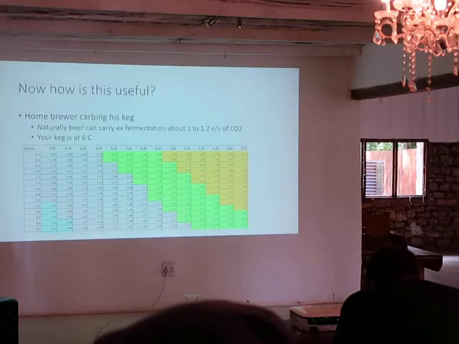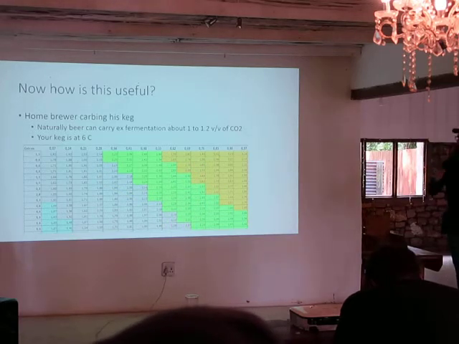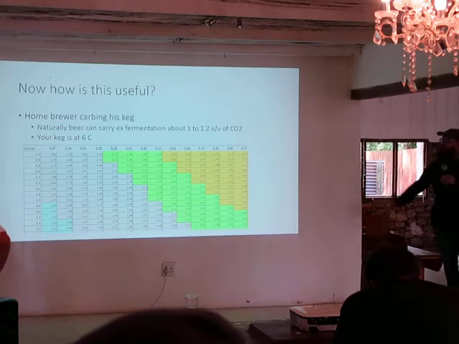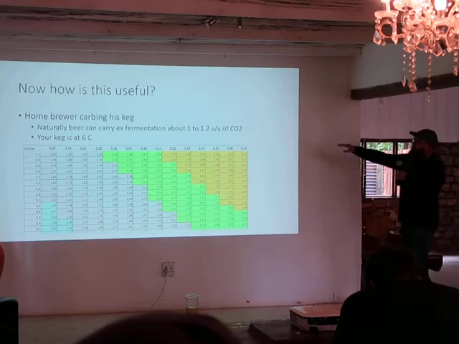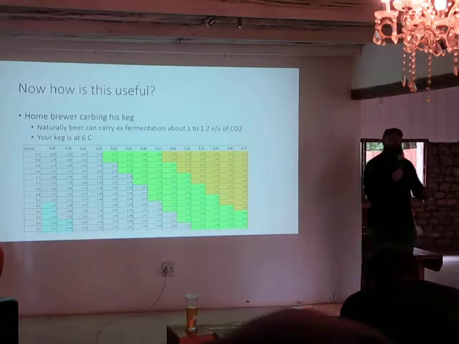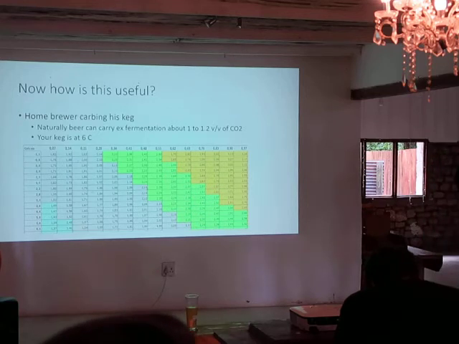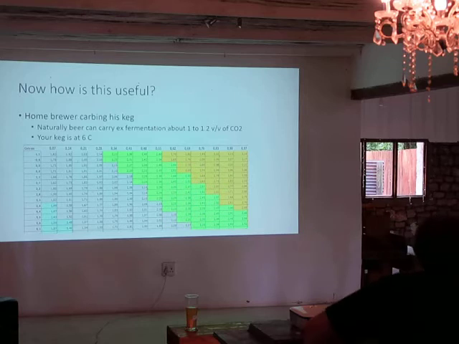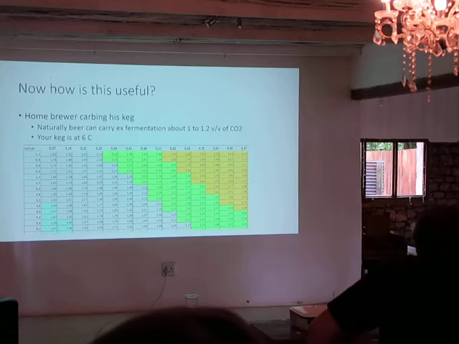So how is this useful? How does knowing what this chart tells you, pressure and temperature, help? I'm the home brewer, carbonating my keg at the moment. Naturally, beer carries roughly 1 to 1.2 volumes of CO2, so even at atmospheric pressure CO2 can dissolve roughly 1 to 1.2 volumes in a liquid. When you take it out of your fermenter, whatever it is, there's generally roughly 1 volume of CO2 in that liquid already.